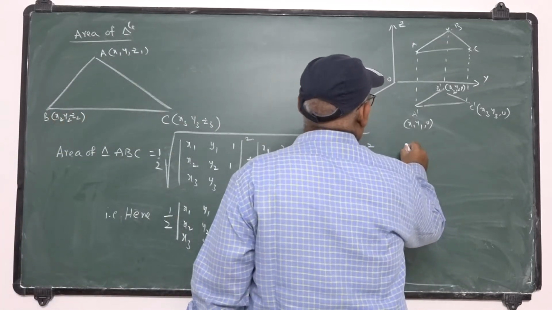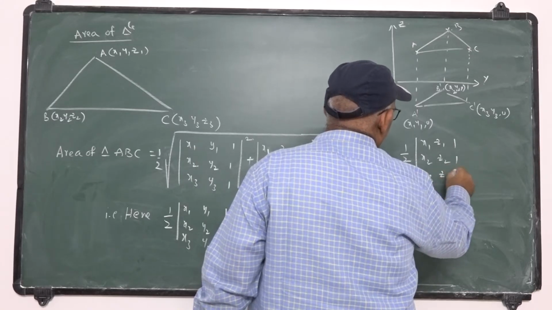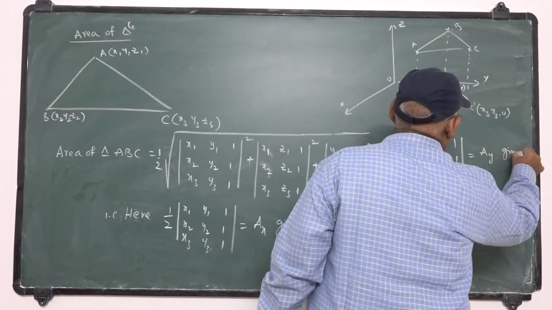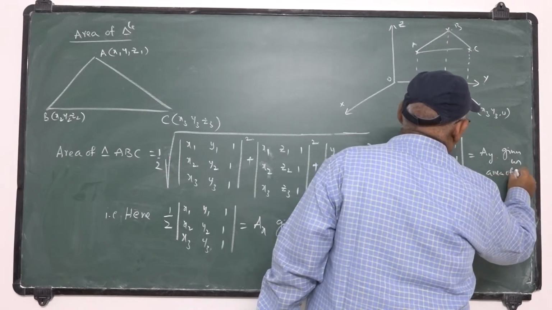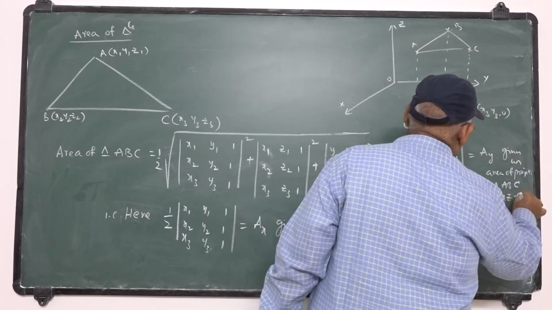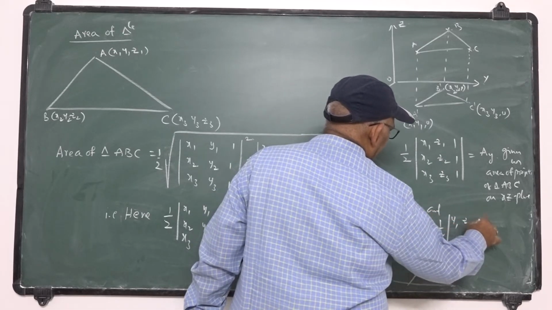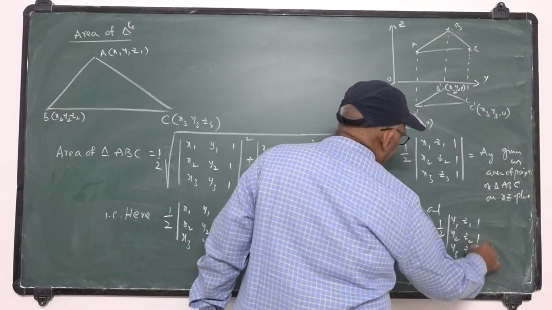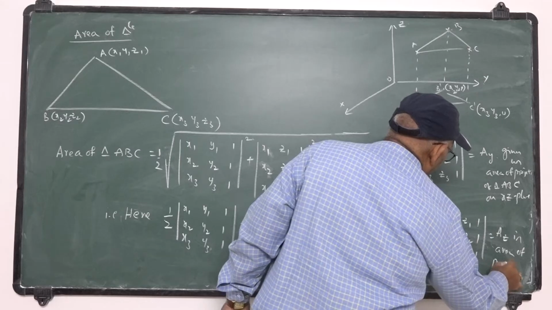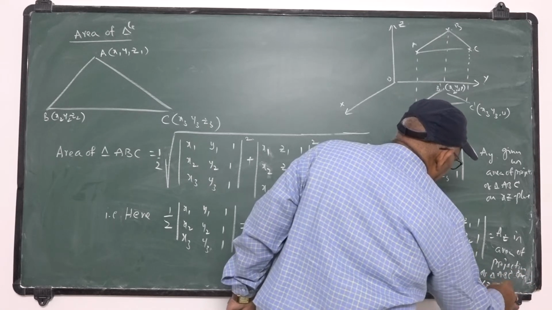Similarly, half the determinant of x1 z1 1, x2 z2 1, x3 z3 1 is Ay, the area of the projection of triangle ABC on the XZ plane, and half the determinant of y1 z1 1, y2 z2 1, y3 z3 1 is Az, the area of the projection of triangle ABC on the YZ plane.